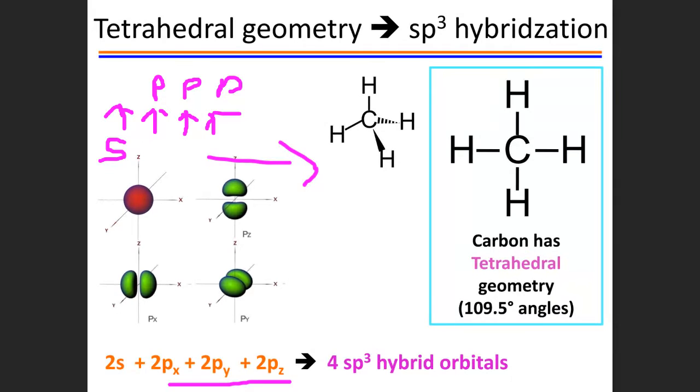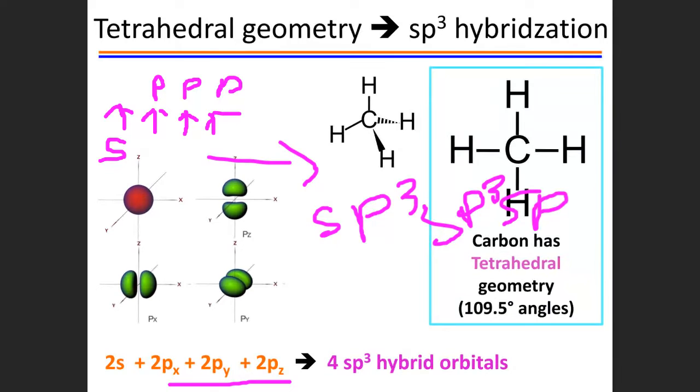So from here, we will have the 4 sp3 orbitals, sp3, sp3, sp3, and sp3. So this s will mix with every p and make this type of hybrid.